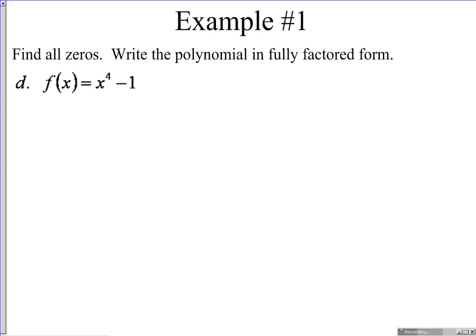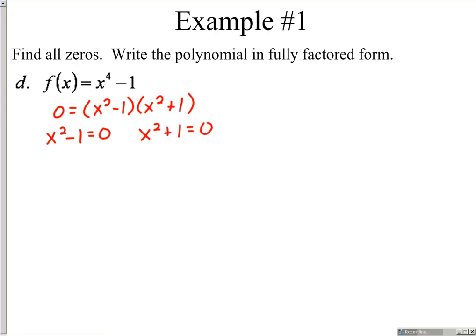Find all zeros, write the polynomial in fully factored form. Okay, so we're doing the same thing here in D. Once again, if we plug in 0 for y, we're dealing with a polynomial that's factorable. Difference of two squares, x squared minus 1, x squared plus 1. Set each of those two factors equal to 0. Solve each one.